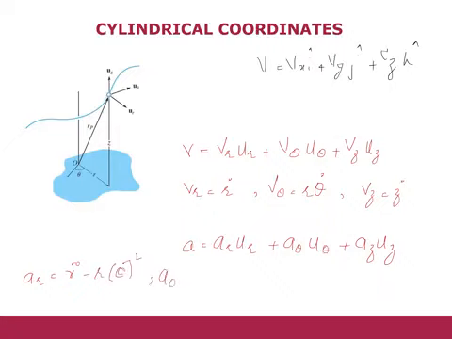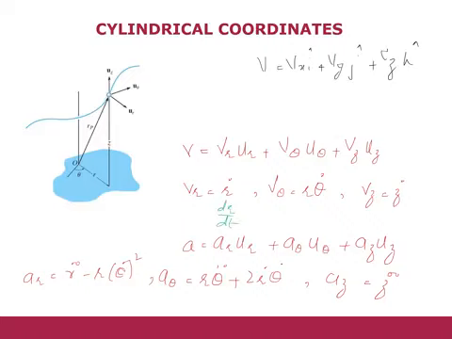Where a theta equals r theta double dot plus 2 r dot theta dot, and az equals z double dot, right? You know very well what r dot means. r dot is actually dr by dt, right?